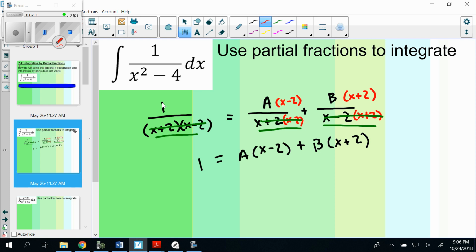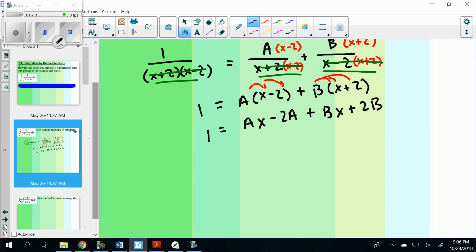So what we would do is distribute here. Also distribute here. So we're going to distribute through. So now we got Ax minus 2A plus Bx plus 2B. Okay, and so what we're going to do now is group together our x terms, and our non-x terms, our variable terms.